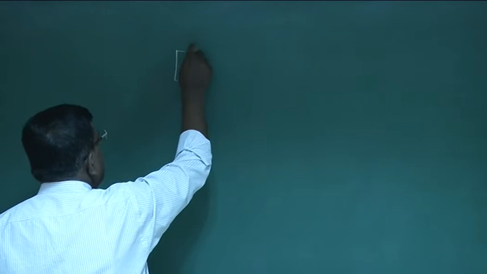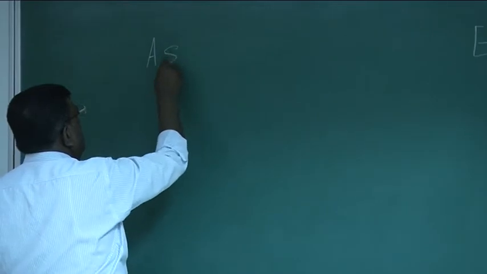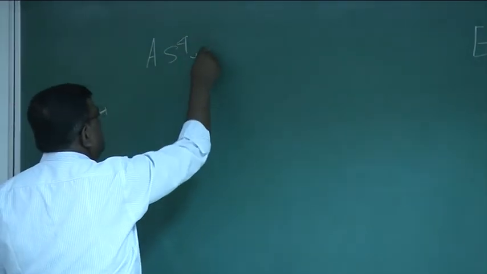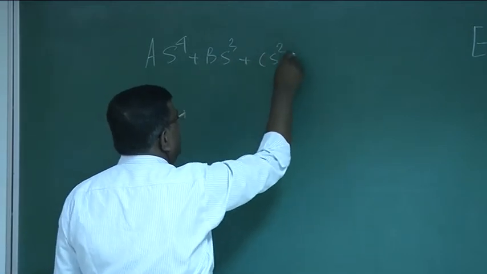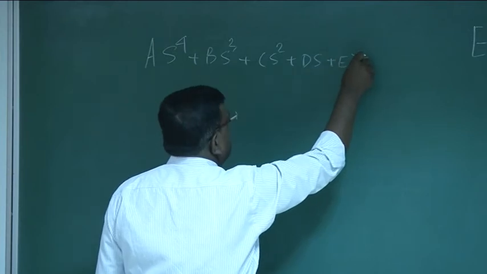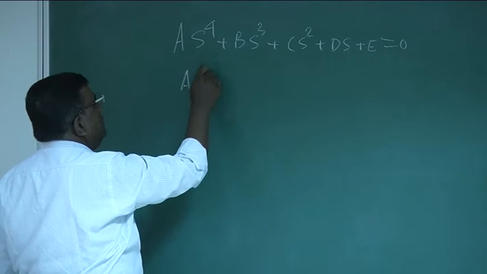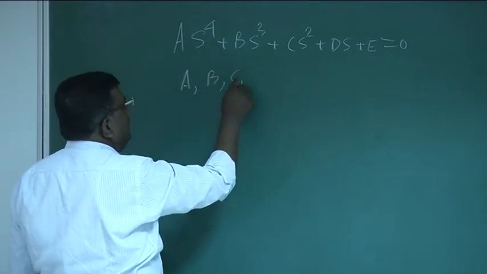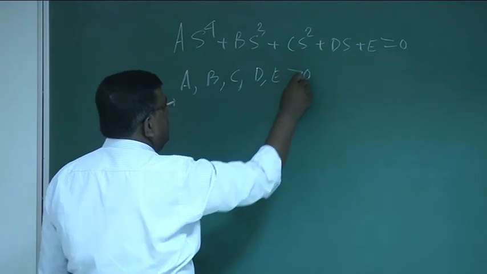Okay? So we try to revisit this E greater than 0, this condition which came from the characteristic equation AS^4 plus BS^3 plus CS^2 plus DS plus E equal to 0. And you know from the Routh criteria, one of the conditions to satisfy is that all these coefficients should be greater than 0.